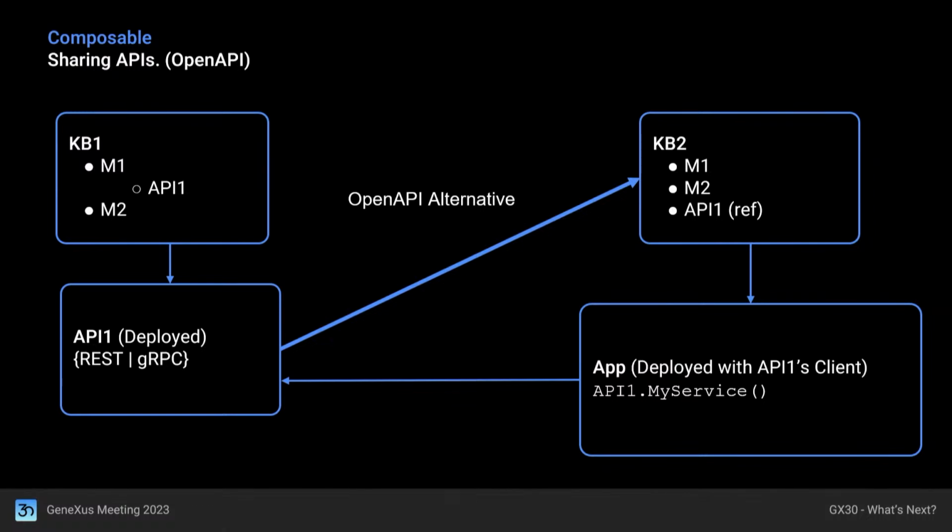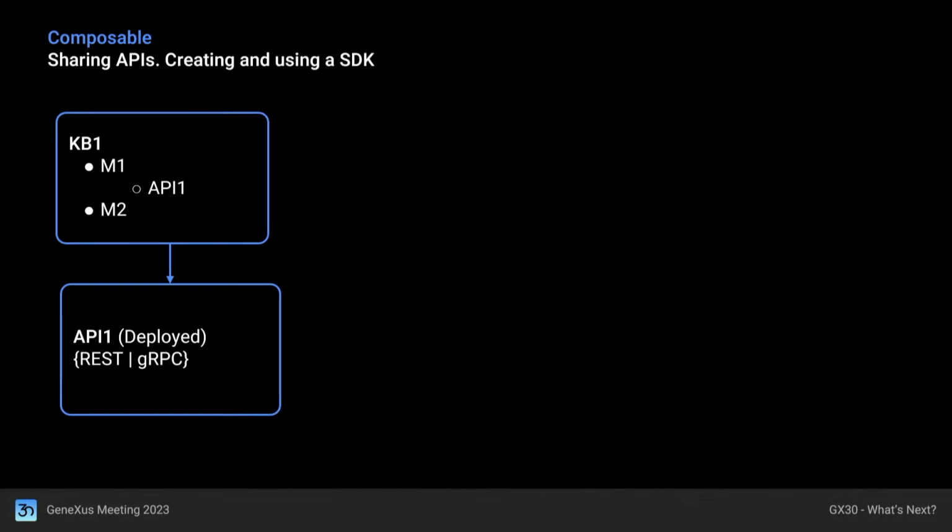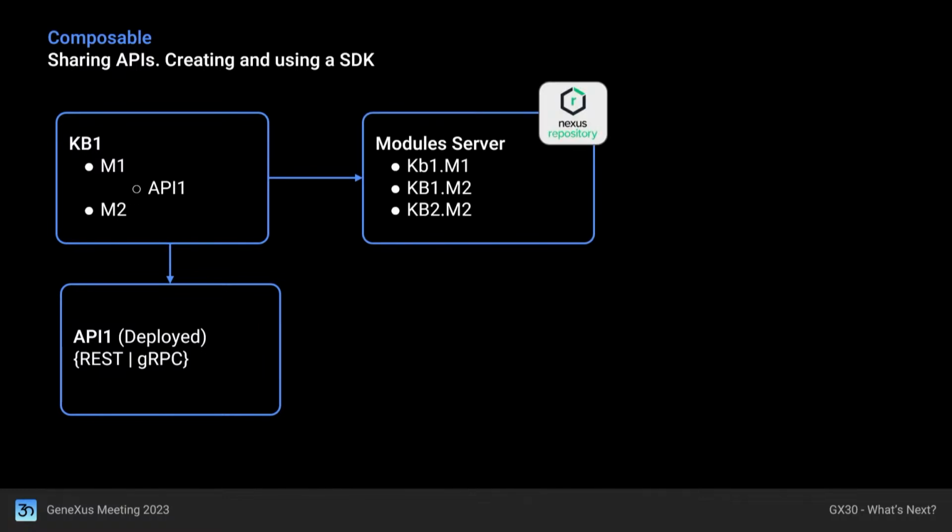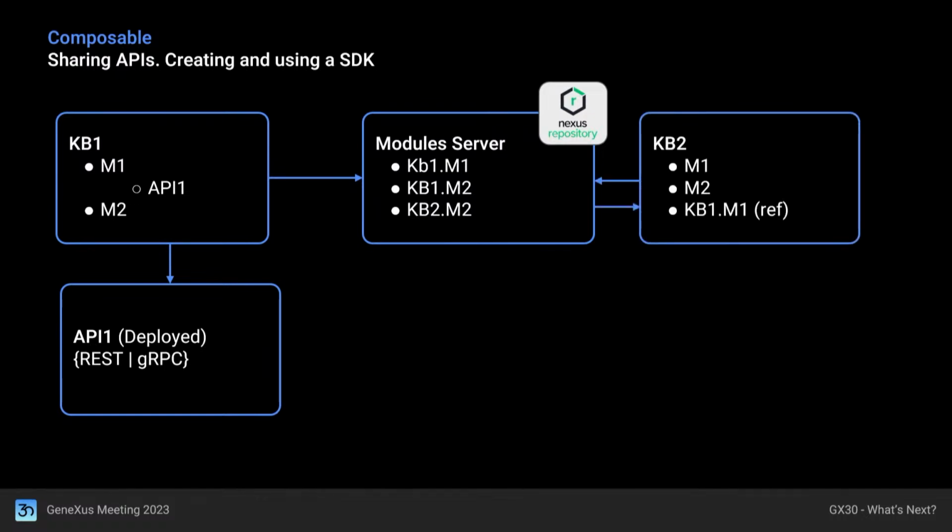But a better approach that allows us somehow to go further up in the versions is the next approach. Again, you use a modules server. I package the API in a module. I take it to the module server, and that is imported to another KB.